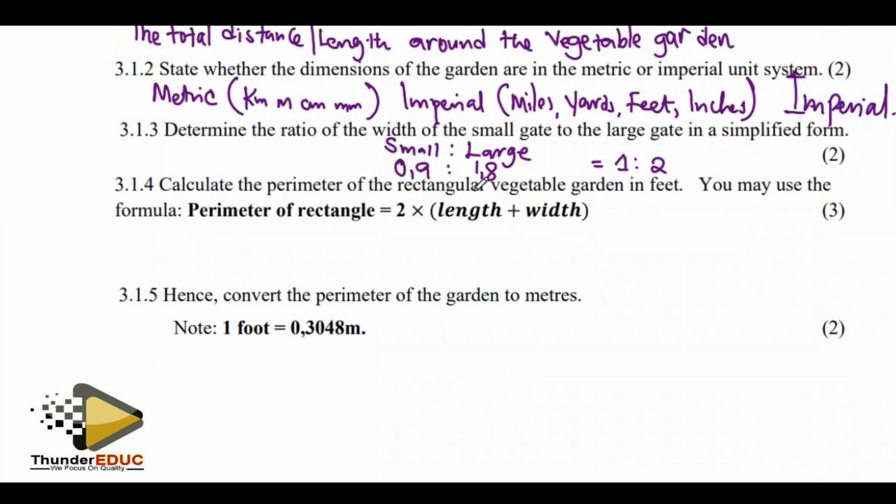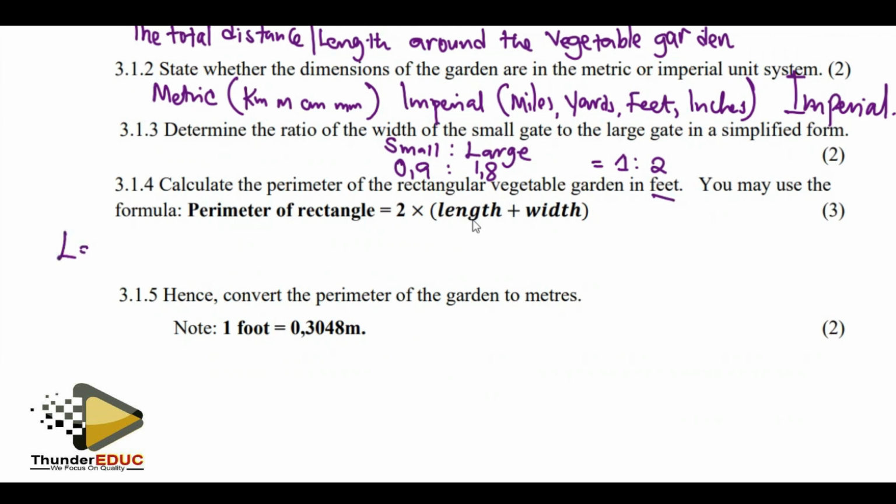Calculate the perimeter of the rectangular vegetable garden in feet. You may use the formula below. Now, someone might ask, shall we count the gate? Yes. Why? We are not looking at the fencing, but at the perimeter of the garden. They are saying it's supposed to be in feet.